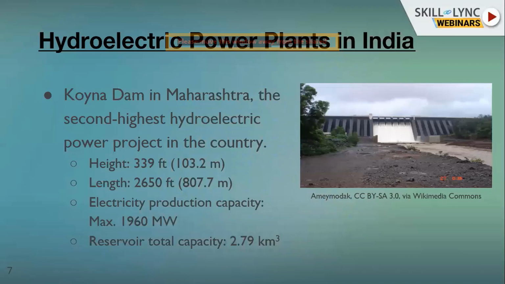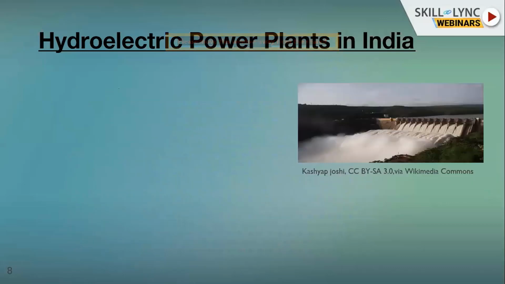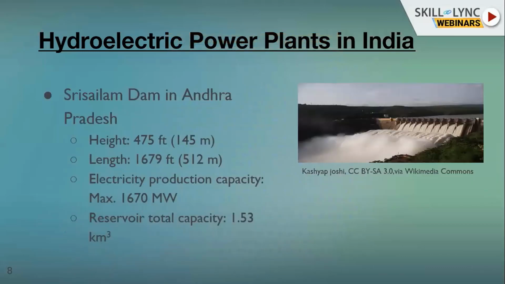The third is Srisailam Dam, which has a height of 145 meters, a length of about 512 meters, a power producing capacity of 1670 megawatts, and a total reservoir capacity of around 1.53 cubic kilometers.